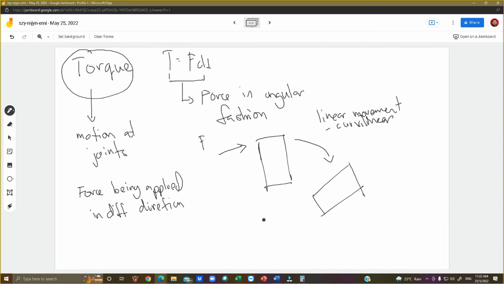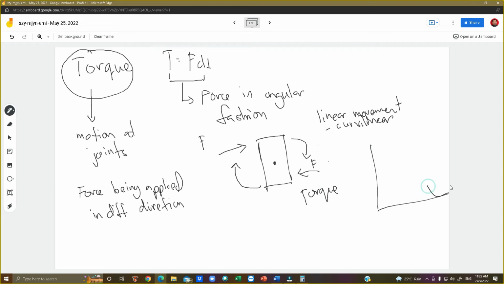When we talk about torque, it is when we apply force from two different directions. Macam tu. Jadi bila kita bagi dua direction macam ni, what is going to happen is that it will cause the book to rotate at the axis. This is torque. Dalam human body, most of our human body is torque because one, we have an axis.